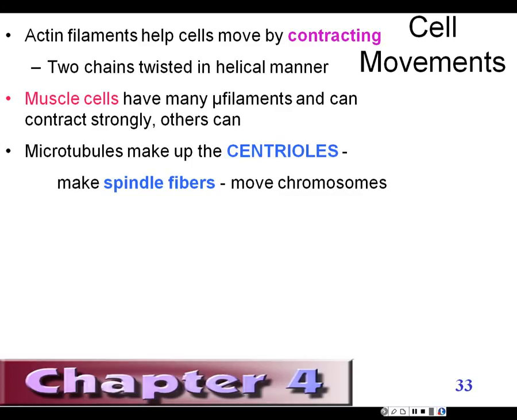This and the asters are referred to as a microtubule organizing center for the cell. So they make spindle fibers, and these spindle fibers' job is to basically line up the chromosomes. So after, well, the nucleus is dissolved at this point, but yes.